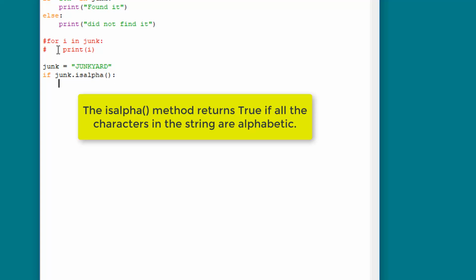This is kind of useful because in real world situations I end up using is alpha and is digit more often when I'm dealing with data.